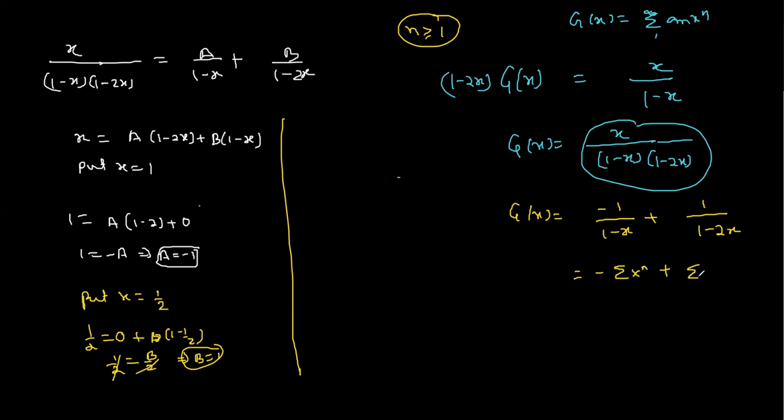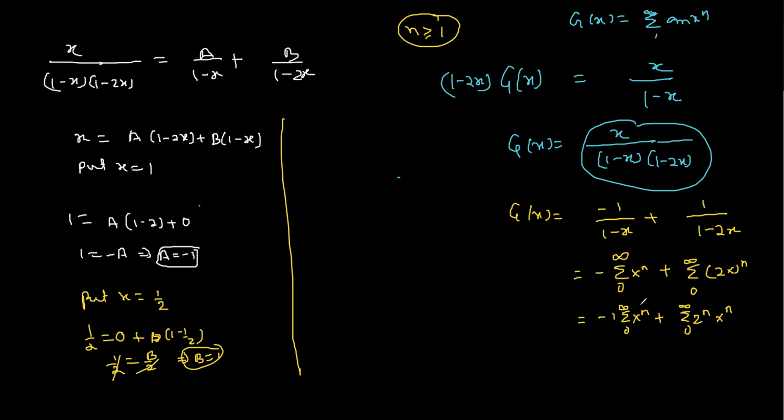And this is equivalent to what? 2x raised to n, right? From 0 to infinity. Understood? So this is again what? 2 raised to n x raised to n, right? Okay.